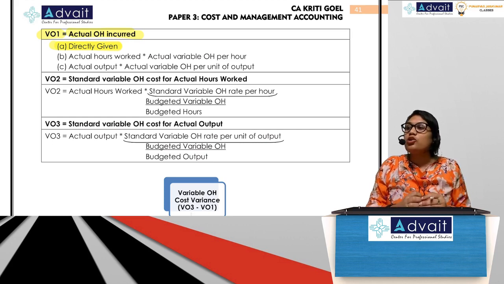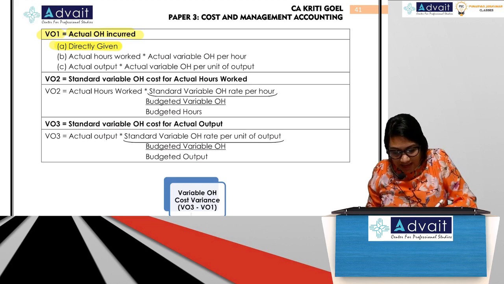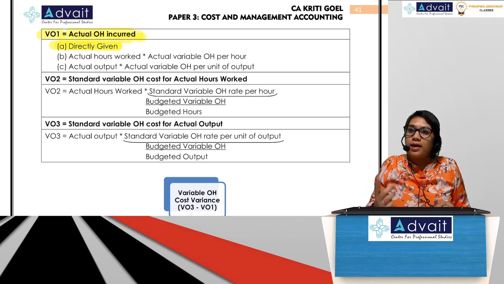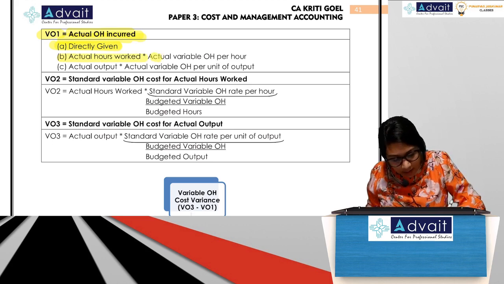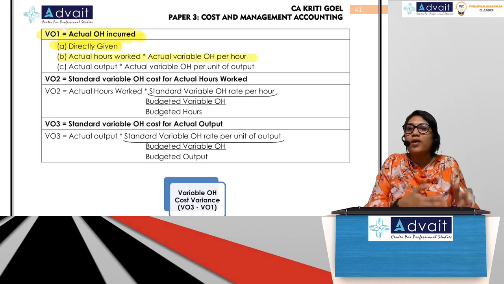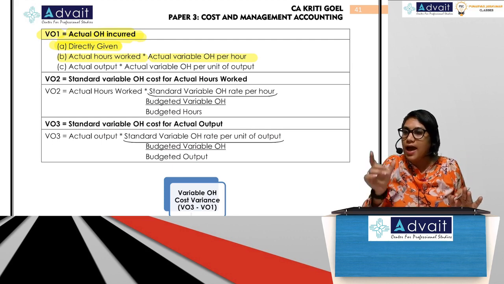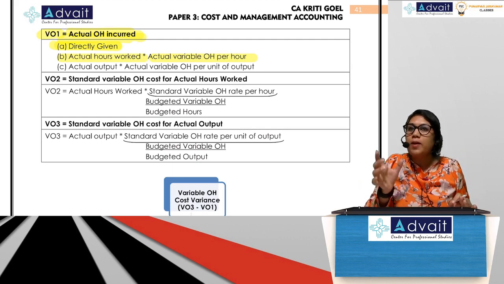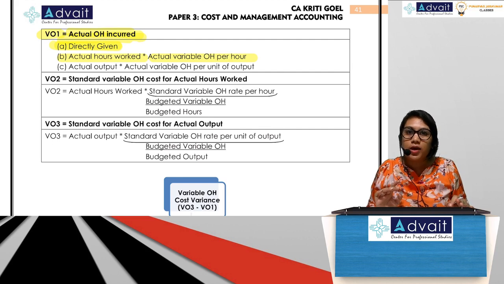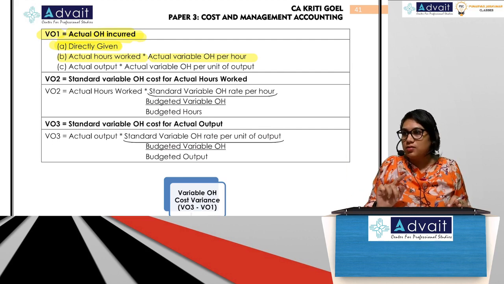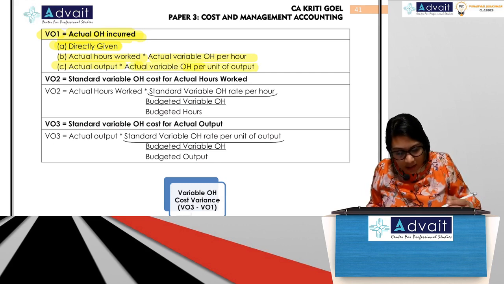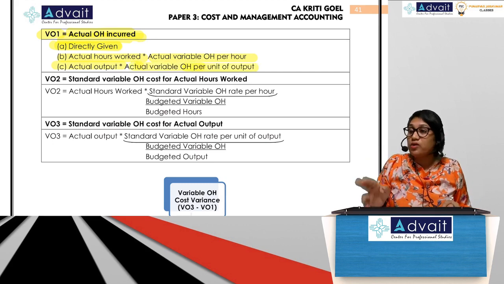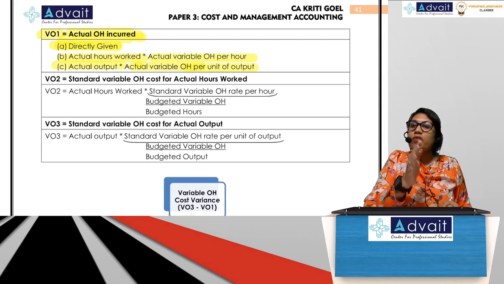So how do we calculate if it is given per hour? You take number of hours. Since this is actual overhead, the formula will be actual hours worked into actual variable overhead rate per hour. If you're taking units, then actual output into actual variable overhead rate per unit of output.